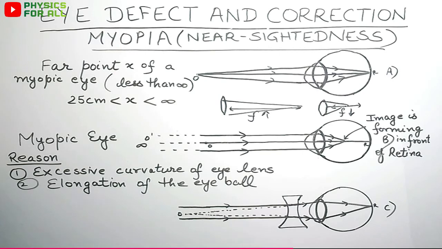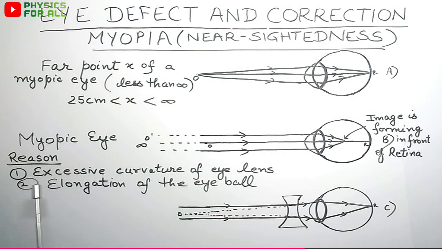So this is the role played by the lens. If it gets thinner, its focal length increases and it is capable of converging light rays coming from a distant object at a larger distance. But when the lens gets thicker, its focal length decreases and it focuses the light rays at a much shorter distance.